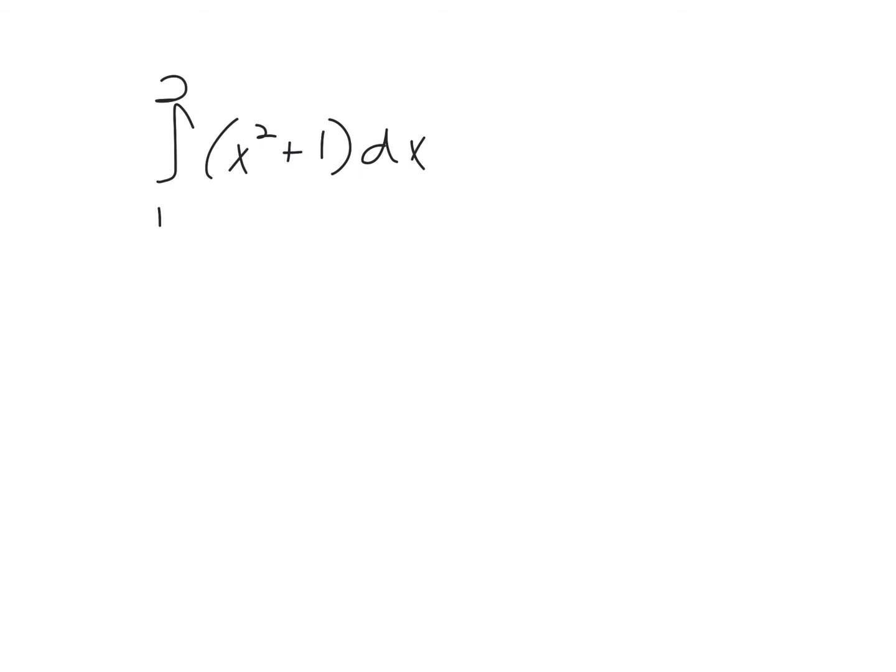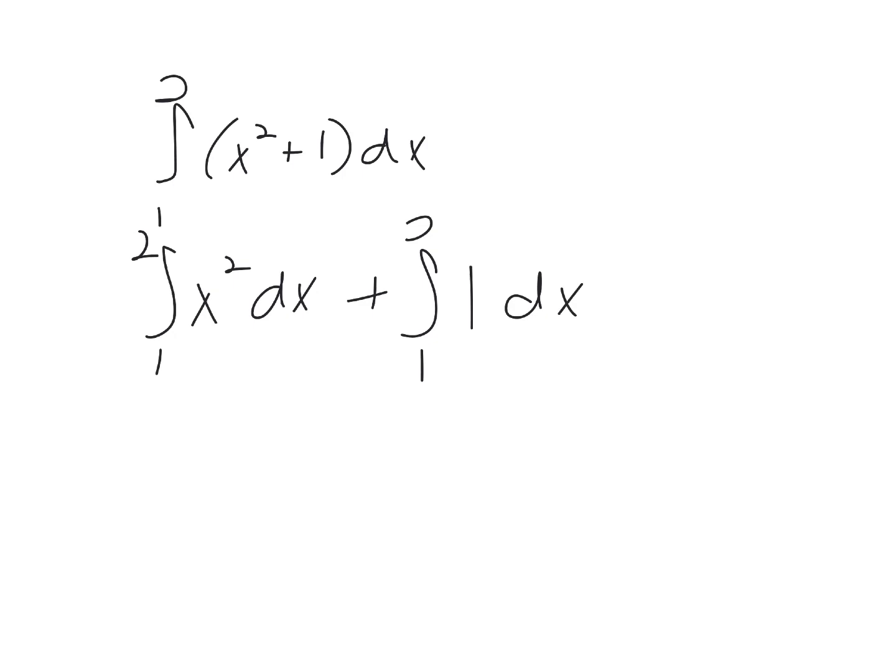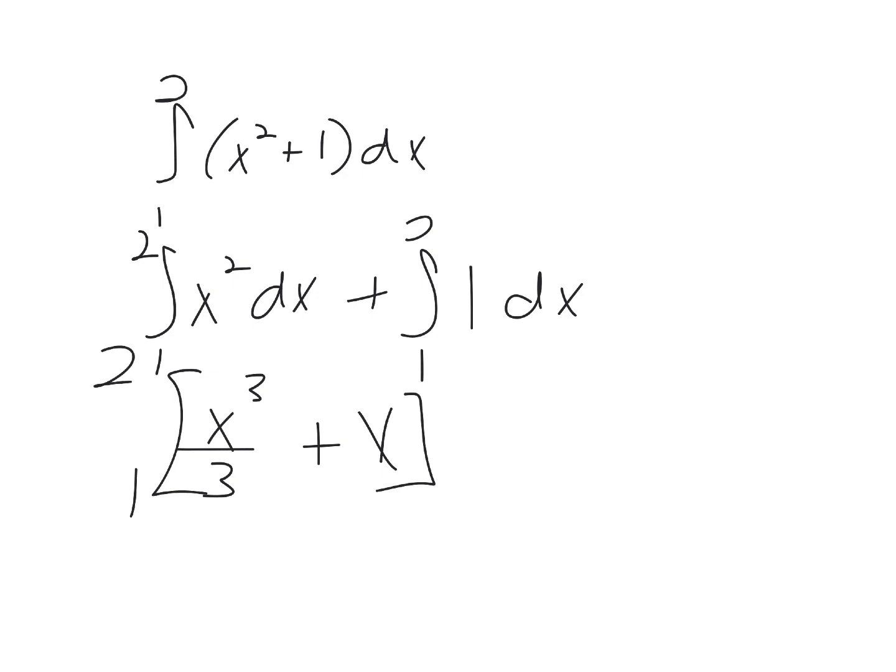All right, we've got the integral from 1 to 2 of x squared plus 1 dx. So using our property, we can separate this into two different integrals. Those are two different parts of the polynomial. And when we integrate it, we're going to get x to the third divided by 3 plus x. And remember, we're evaluating it from 1 to 2.